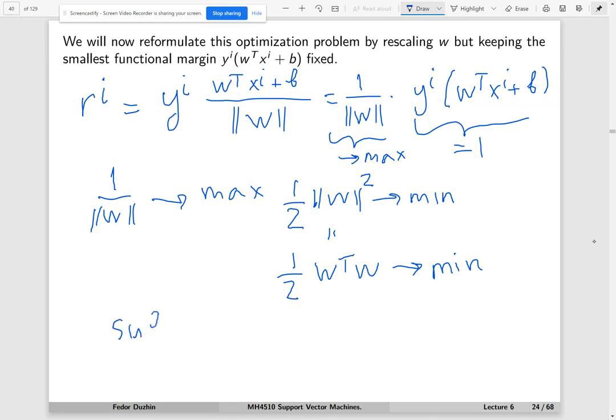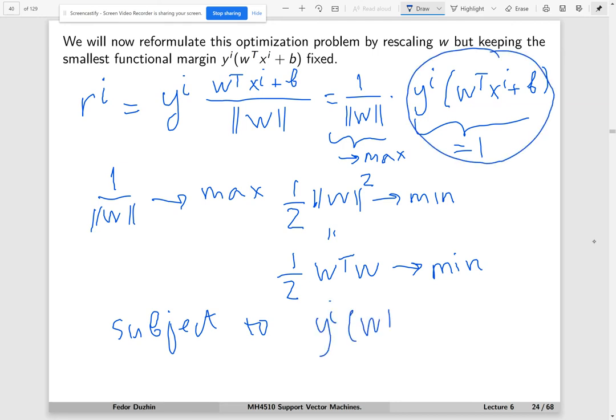Subject to, well, this is our constraint: y_i times (w^T x_i plus b). I wrote equals 1, but it is going to be precisely equal to 1 only for points that are exactly on the margin. For all other points, they will be strictly bigger than 1.